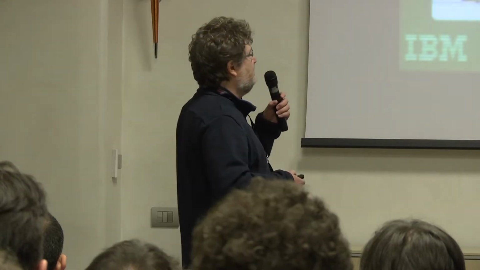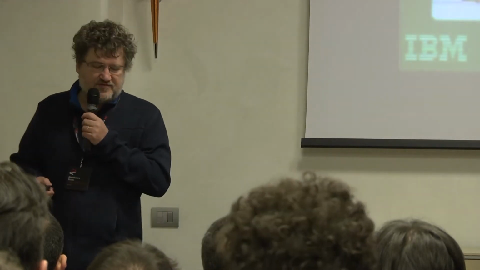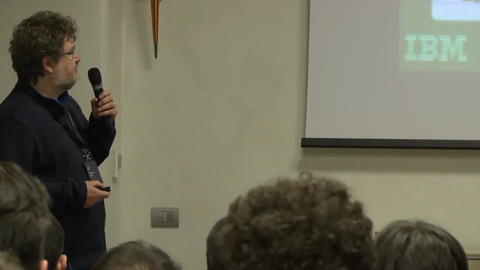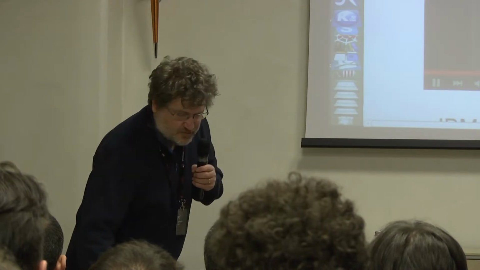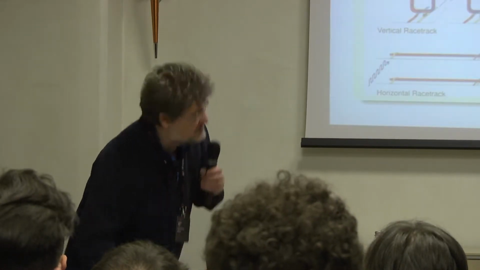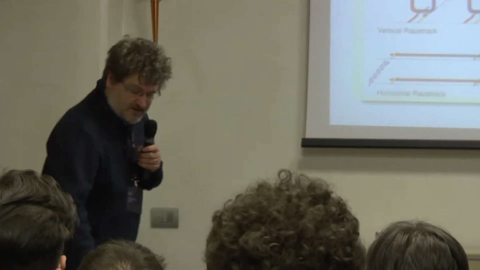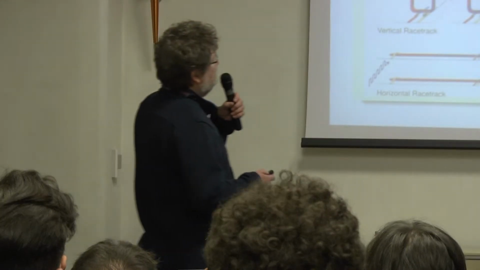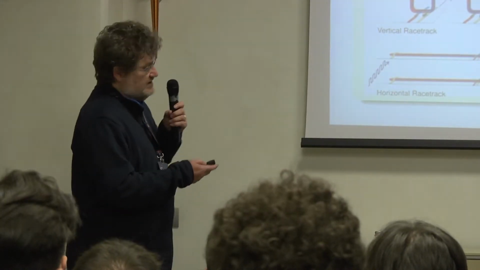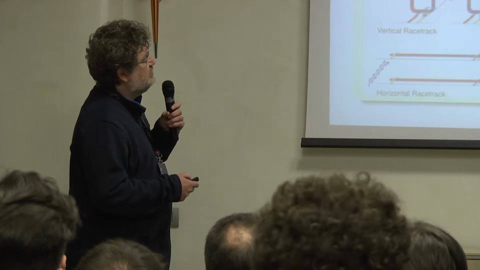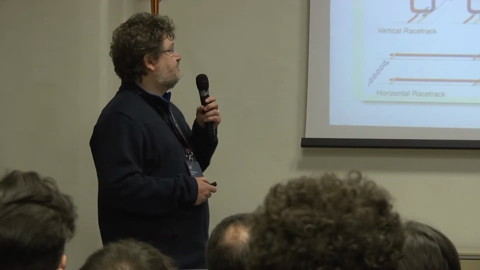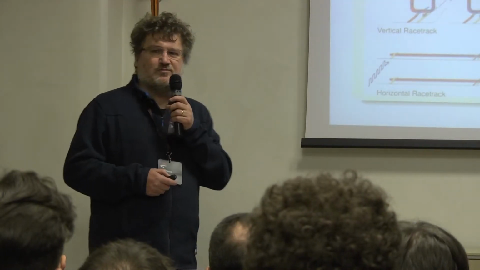This seems to be a very fast way, a very fast reading and writing device. The problem is that we still don't know how to do it because there are big technical problems. Okay? But this is the idea of the future. And also, it's interesting because it's possible to do also the logic with domain walls.